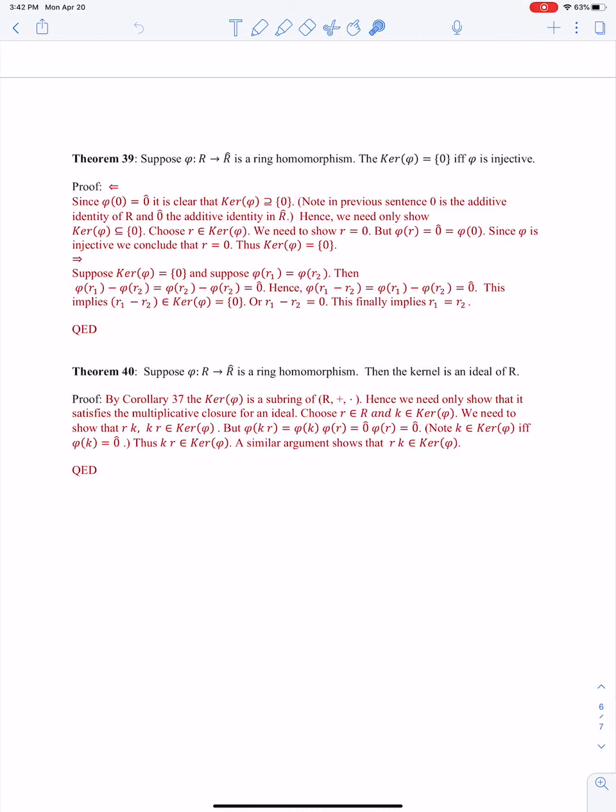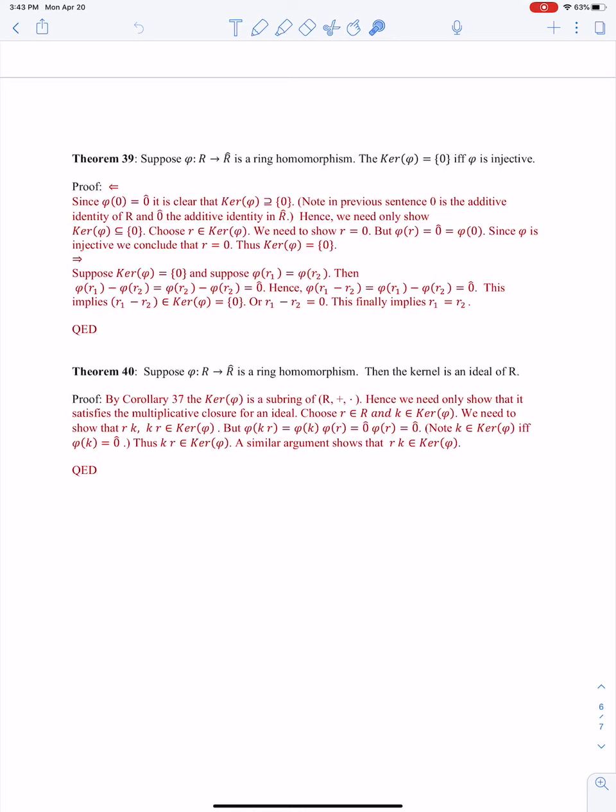All right, so what more do I have to show that it's an ideal? Well, an ideal is a subring that has the stronger closure. That is, if I pick anything r in R and anything k in the kernel, rk and kr have to be in the kernel.